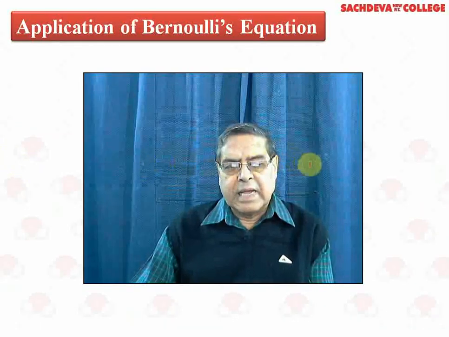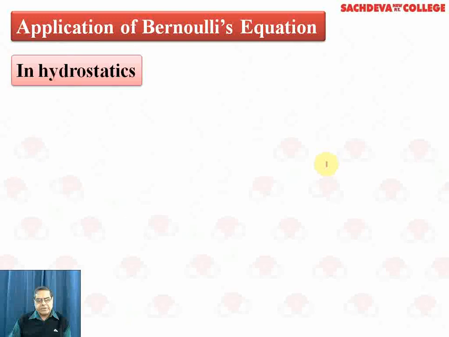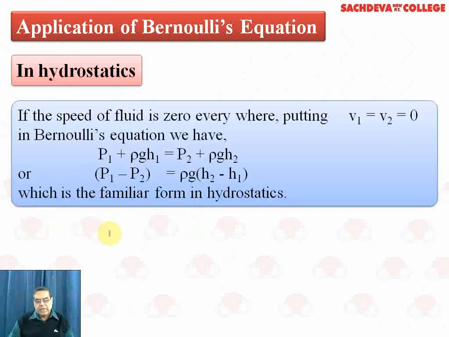Now we come towards the application of Bernoulli's equation. First of all, it is applied in hydrostatics. So we consider a fluid, and if the speed of the fluid is 0 everywhere, putting V1 and V2 equal to 0, Bernoulli's equation is written as P1 + ρgh1 = P2 + ρgh2, which is a similar form of the hydrostatics.